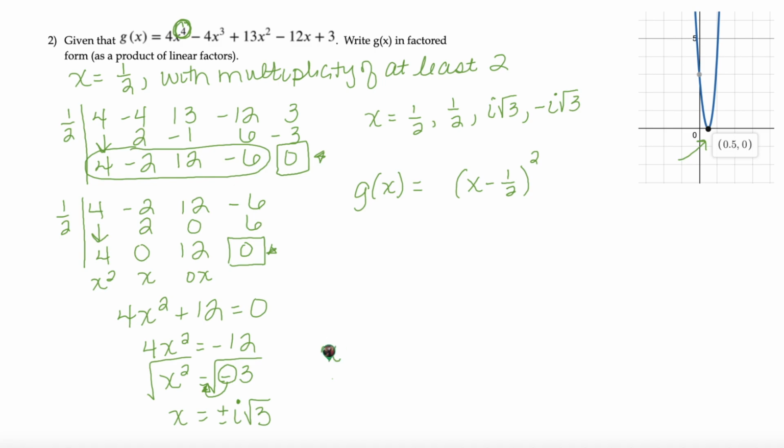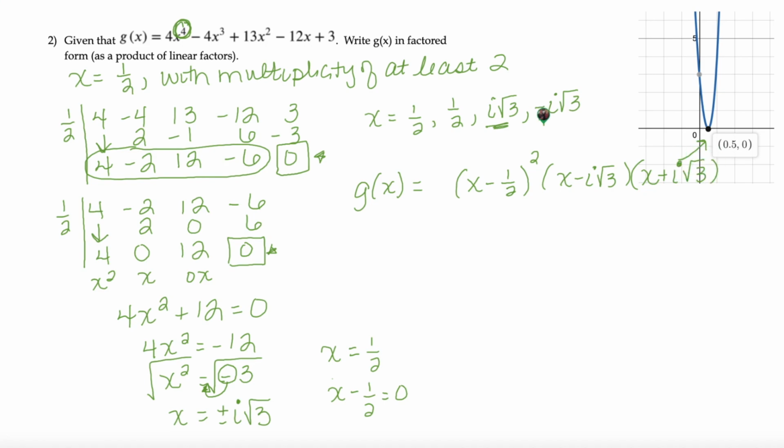Also, I have x equals 1/2, so to get it equal to 0, x minus 1/2 is 0, is where I'm getting the subtraction portion. I'll also have (x minus i square root 3). From here, if I subtract, since x equals that, I'll also have (x plus i square root 3).